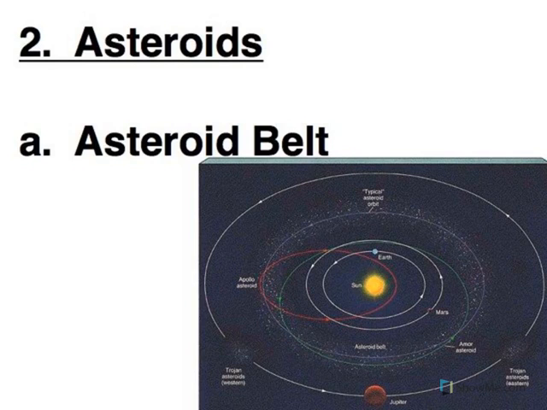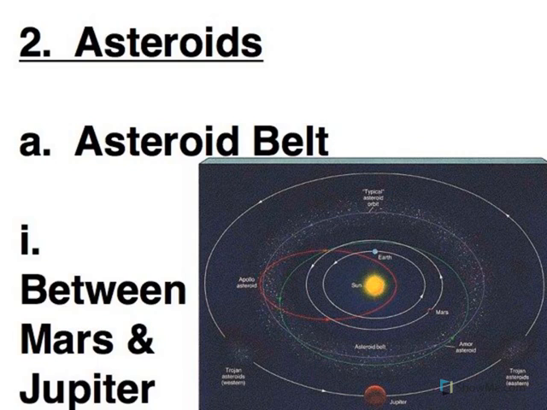Asteroids. The majority of asteroids are found in the asteroid belt. Something like more than 70% of all known asteroids are found in the asteroid belt. And this is the region between the orbits of Mars and Jupiter.